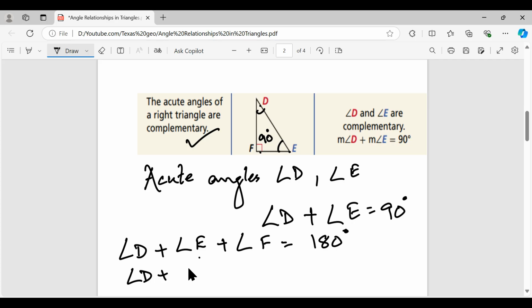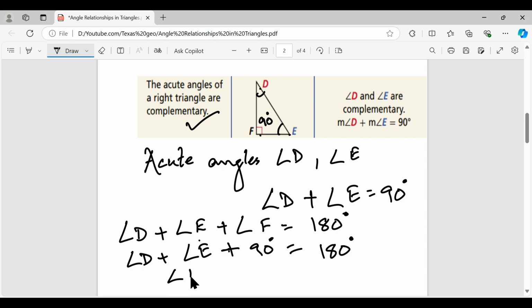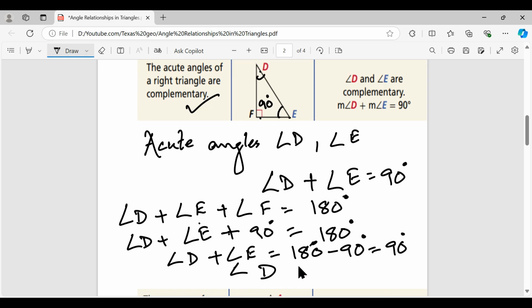So we will write angle D plus angle E plus 90 degree equals 180 degree. Then angle D plus angle E equals 180 minus 90 degree. That gives you 90 degrees. See, you can see very clearly angle D plus angle E equals 90 degree.